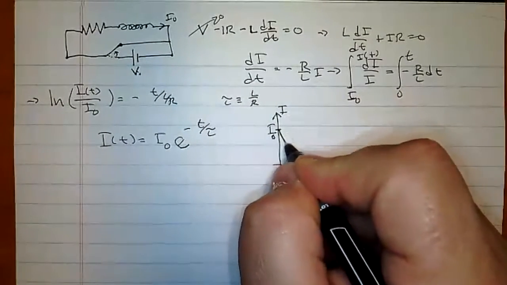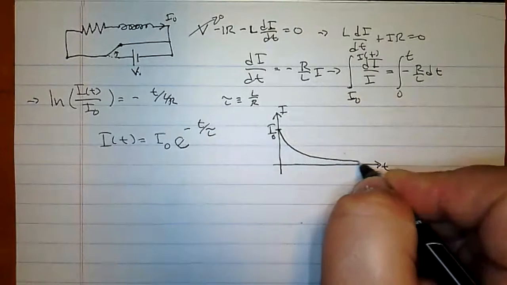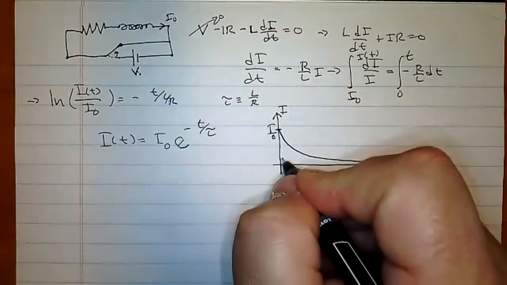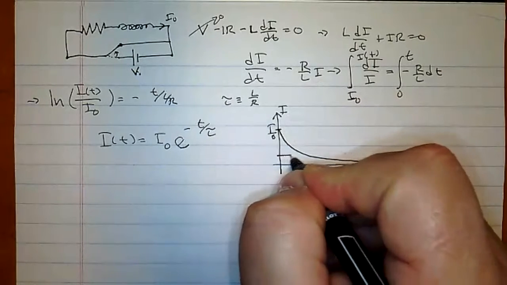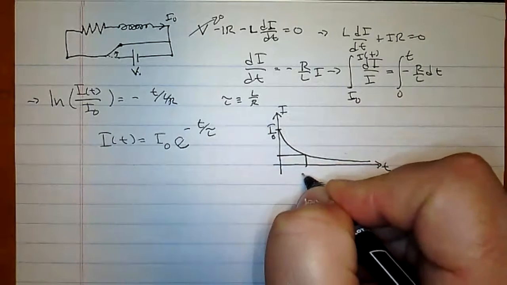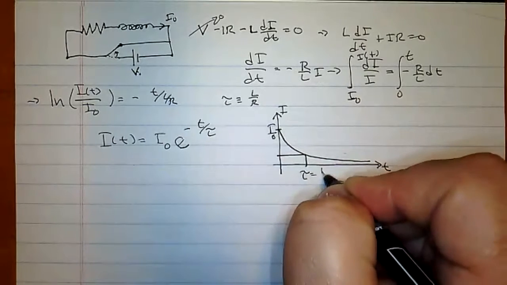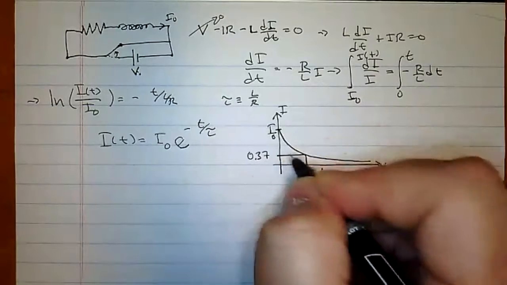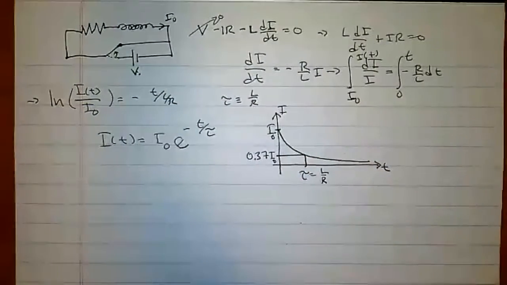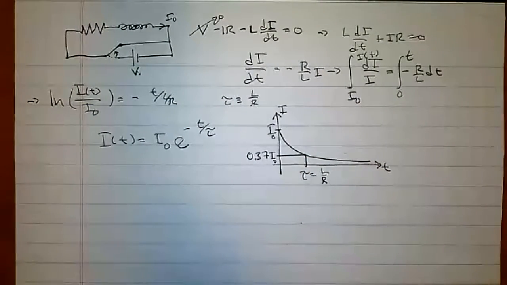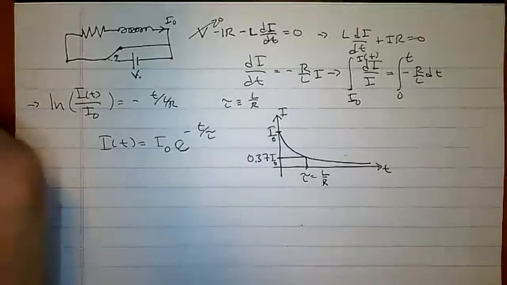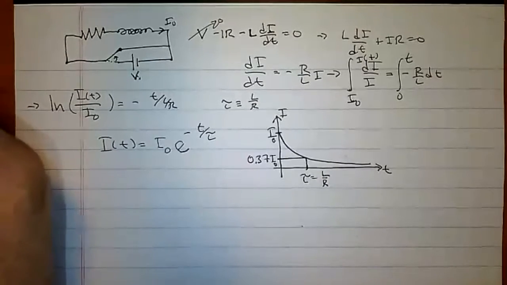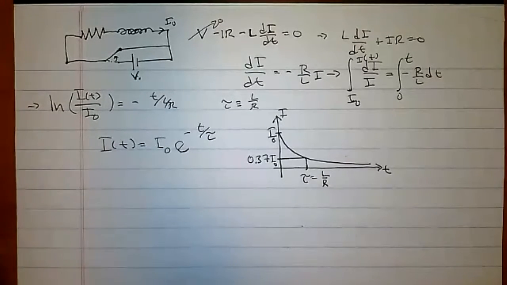And it's going to fall and exponentially decay. And in fact, because of the nature of e, if I go over to one time constant, tau equals L over R, this should be 0.37 I0. So that's how an RL or LR circuit behaves for a long period of time.